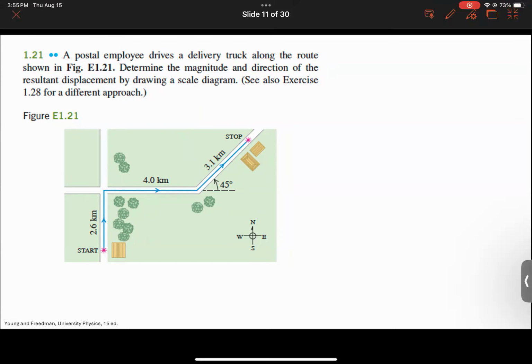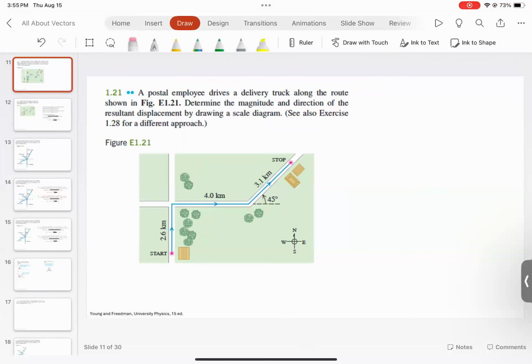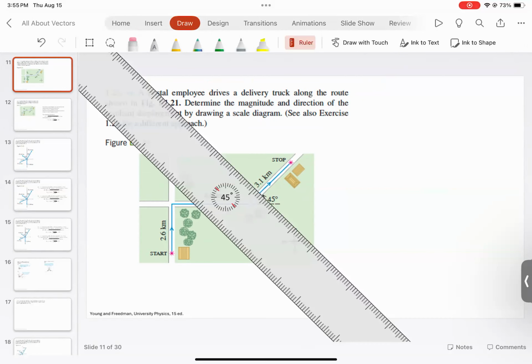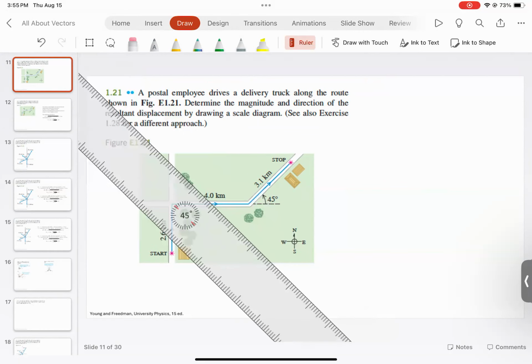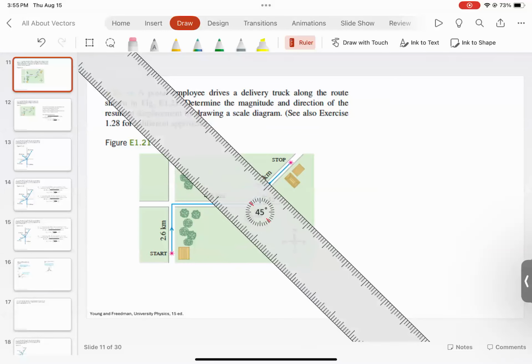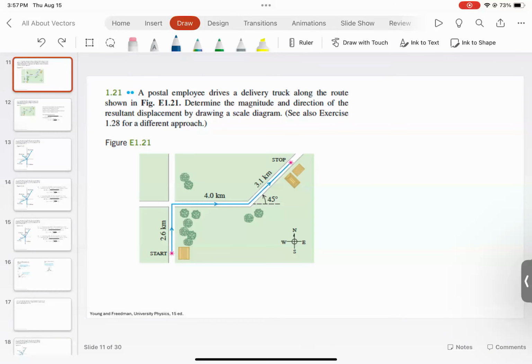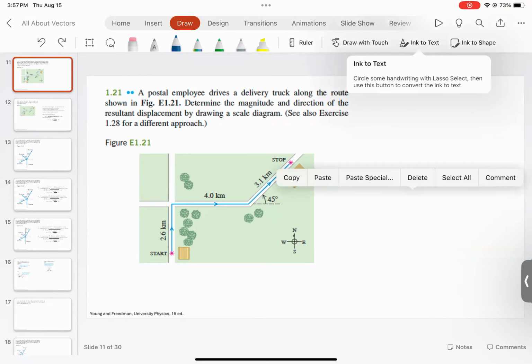Ano yung scale diagram dito? Let's see. So anong magiging resultant vector natin dito? It's pretty straightforward to draw a resultant vector here. Hindi nyo nakikita pero gumagamit ako ng some sort of ruler dito.